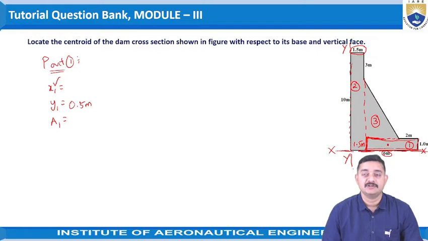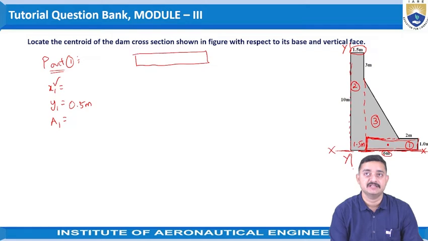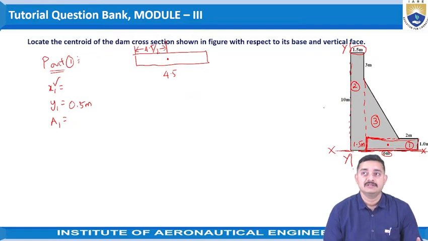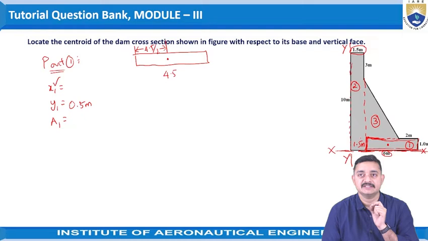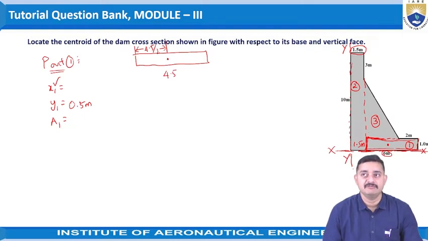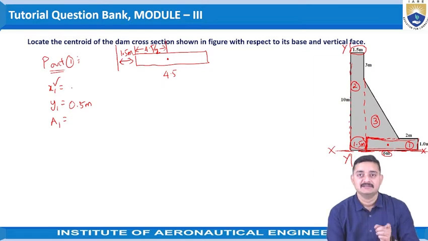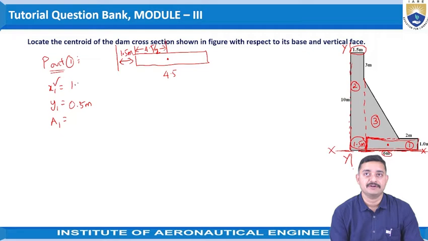The centroid of this rectangle lies at half of the length we selected, that is 4.5 by 2, from the start of the part. So the distance of the centroid of part 1 from the y-axis, which is x1, can be taken as 1.5 meters plus 4.5 by 2.